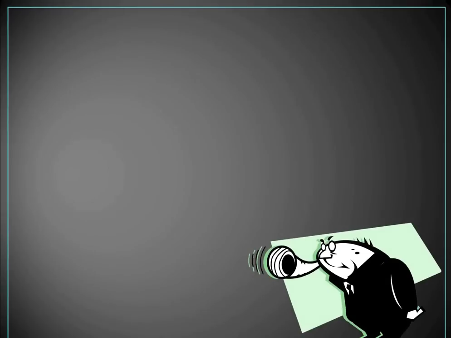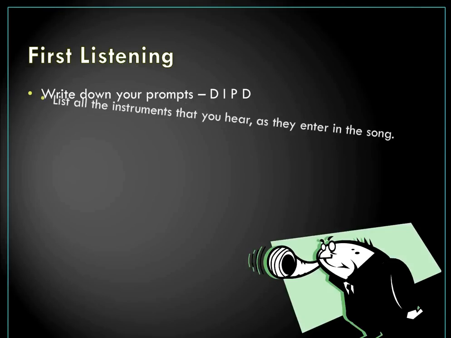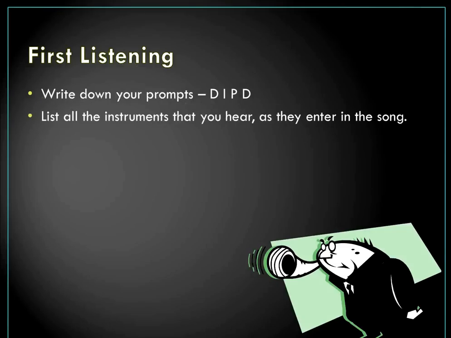Here we go. So, in your first listening, you should have written down your prompts: DIP D. Describe, identify, what phony is it, and diagram. List all the instruments that you hear as they enter in the piece of music. Reread the question in the first listening.